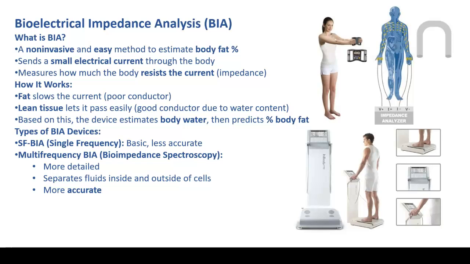The machine uses this information to estimate how much of the body is fat and how much is not fat, like muscles, water, and other organs. There are different types of machine, with single frequency or multi frequency. The difference is how expensive the machine is, and the bioelectrical impedance analysis equipment with multi-frequency is more accurate.